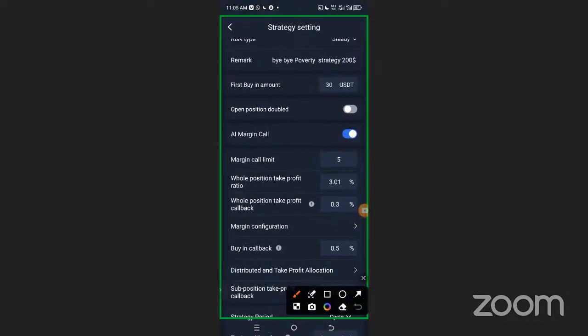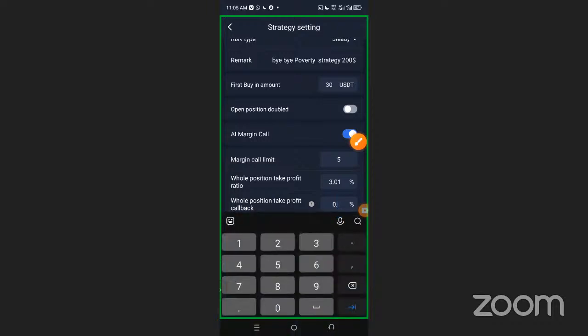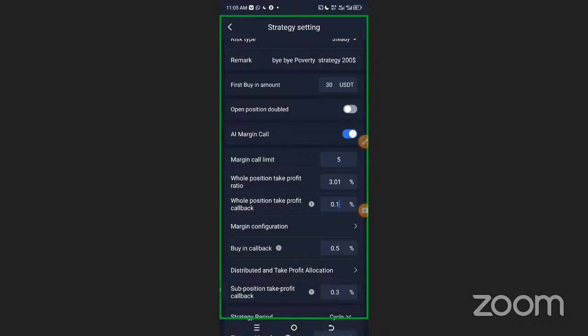Then it comes to what we call whole position, take a profit callback. Here, I want you to put 0.1. What are you commanding the robot in this case?